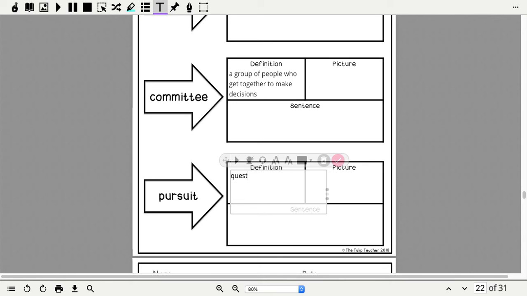It's something that you're going to go on, something you're going to travel, you're going to look at to find. So it's an effort to attain. Okay, and this one is effort to obtain happiness. Now, draw me a picture of that. Write it to me in a sentence.